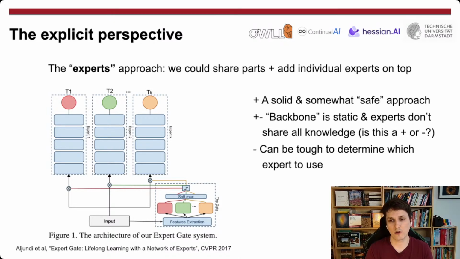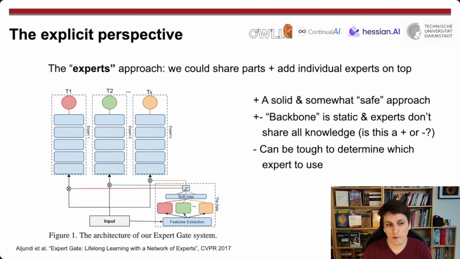We'll maybe put a gating on top to figure out which of the features are really how important for some task. But then because we know that tasks are different and we don't really want to deal too much with this interference, especially if the tasks are too different and it becomes hard to consolidate it, we put several expert heads on top. So you can see this illustrated in this diagram, where in addition to some representational backbone that's shared that produces a joint feature space, we would put a lot of parameters or a lot of neural network layers on top that represent each and every single task individually after all.